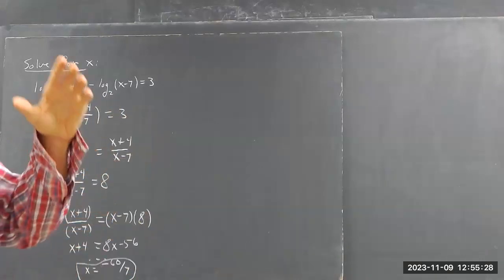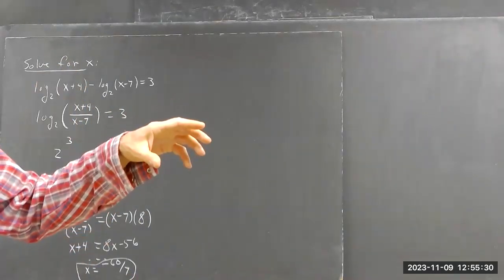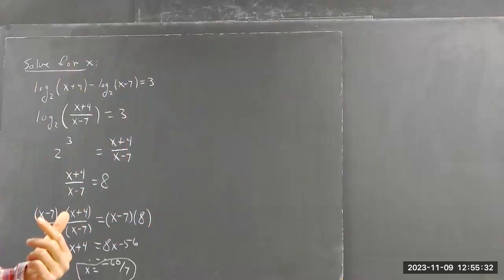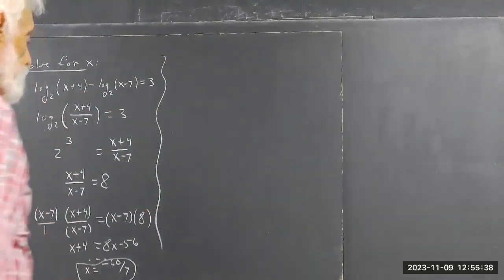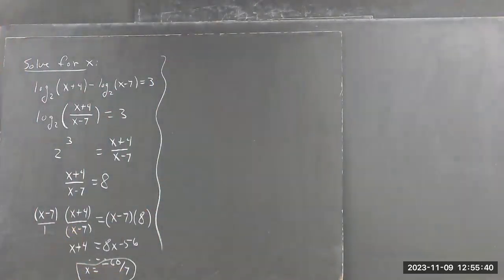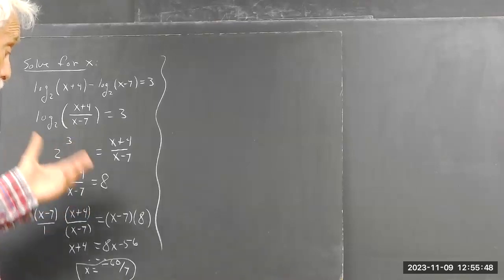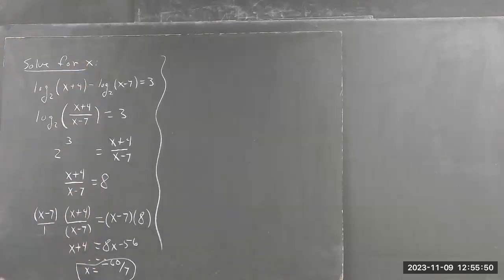If you've got a log of something to a power, bring that power out in front of the log. It's not difficult. With practice, everybody's going to get it. Don't practice enough, and you're not going to get it as well. So make sure you practice enough. That's all the things standing between you and mastering that idea.